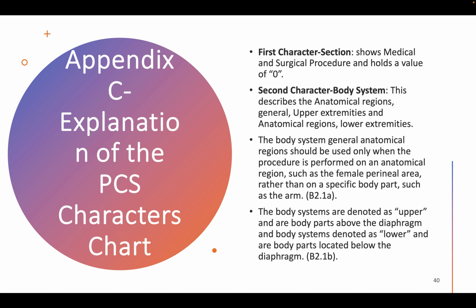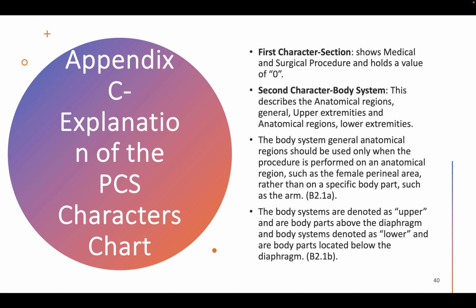I've put in here Appendix C. This is the explanation of the PCS characters chart. The first character is section. It shows the medical surgical section and holds a value of 0. The second is the body system, which we've talked about.